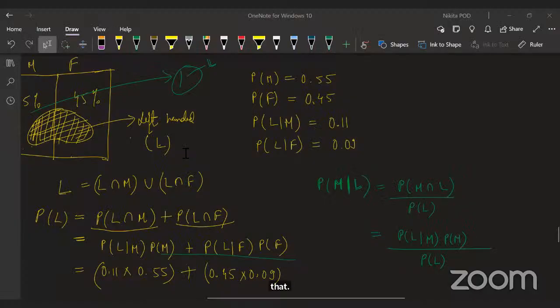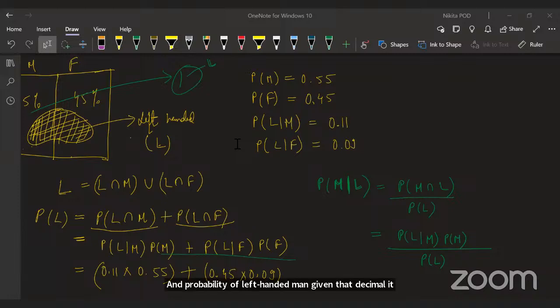Can you repeat? I couldn't hear. Ma'am, probability of left-handed given that it's a male, it must be 11% of the given male, no? It's like 0.11 into 0.55, no?